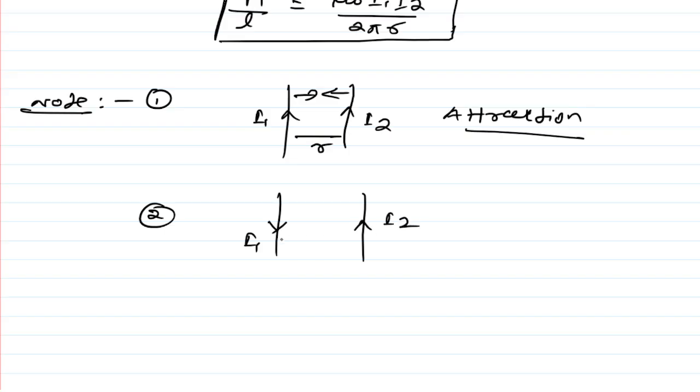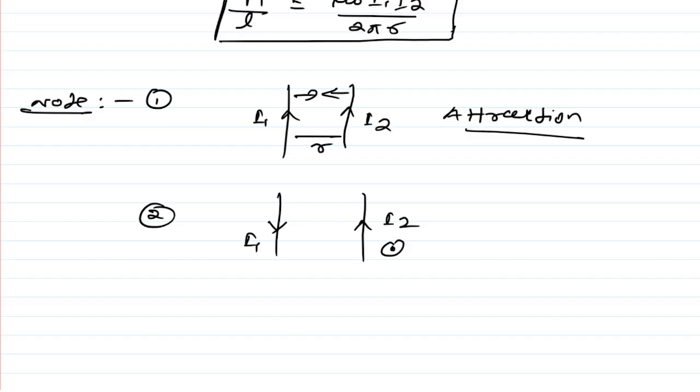We have assumed the current as I1 and here it is I2. So due to this current, the magnetic field at this point, when the current was flowing upward, here the direction of magnetic field was cross. Now it will be dot. So magnetic field is perpendicular to the plane and outward, and current is flowing in the upward direction. Now if you apply Fleming left hand rule to find the direction of force, magnetic field is in the perpendicular direction, current is in the upward direction, right?